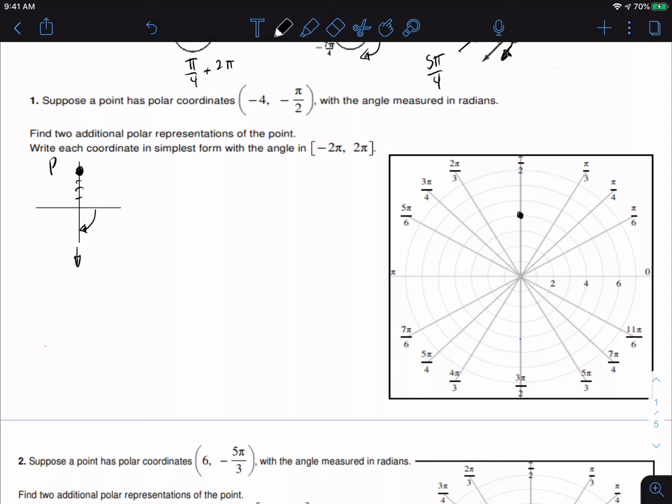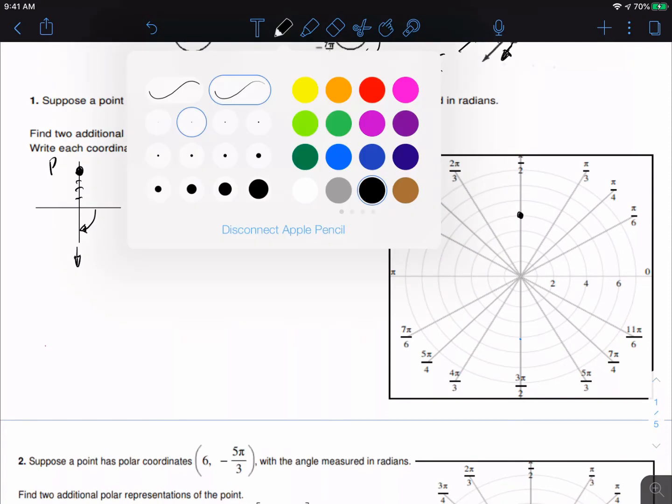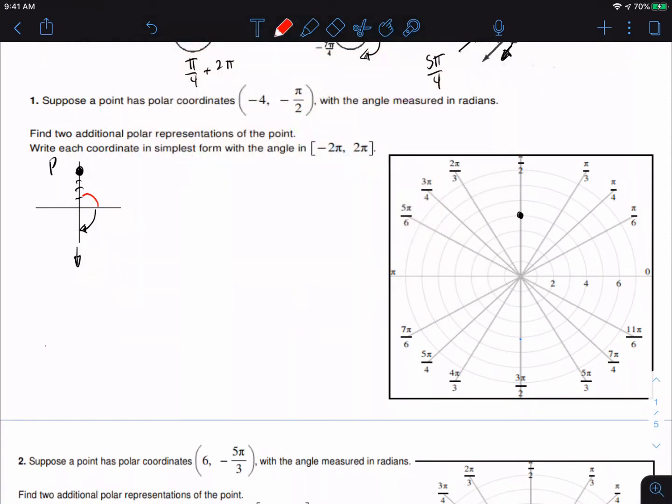Well, the easiest one to do would be to rotate this way and then go 4 up. So if I rotate that way, let's call that point A that's going to end up there. So point A would be, that rotation would be pi over 2, and the radius then, because we're facing the direction that we want to go, would be a positive 4.